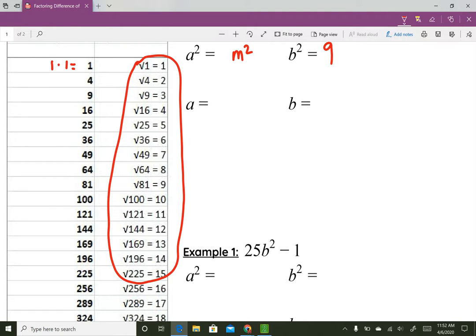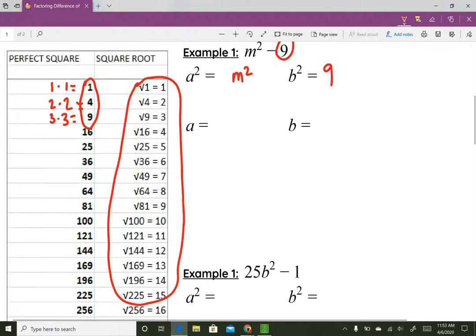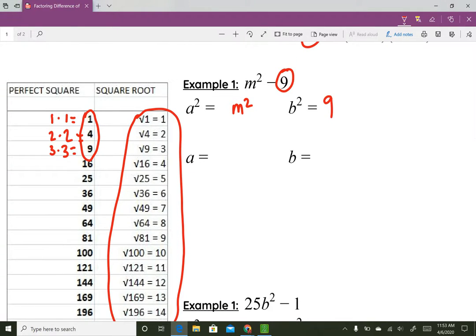How did we get 4? It's 2 times 2. 9 is 3 times 3, right? So every single one of these numbers comes from two numbers multiplied by themselves. It gives you that number, right? I want you to think about the same thing when you see something like m squared.